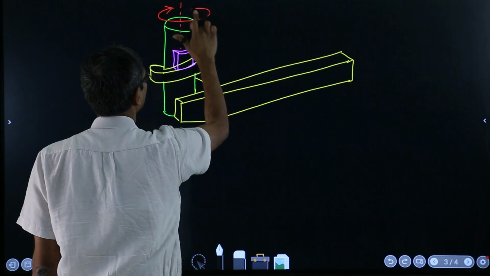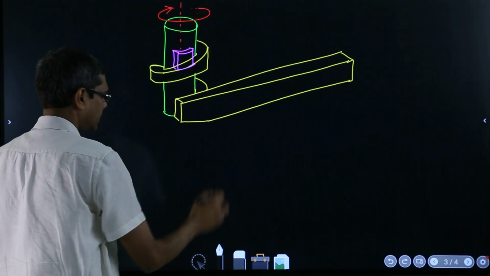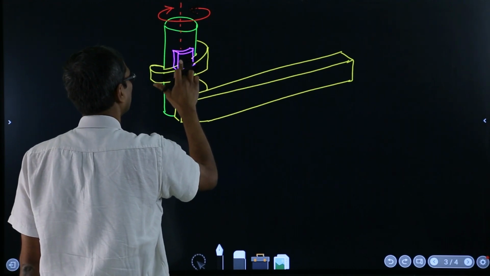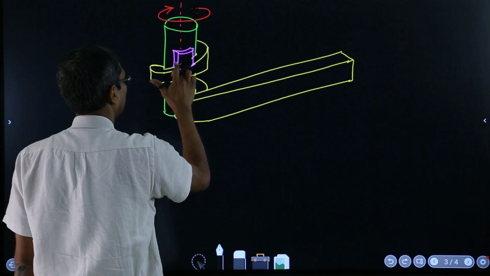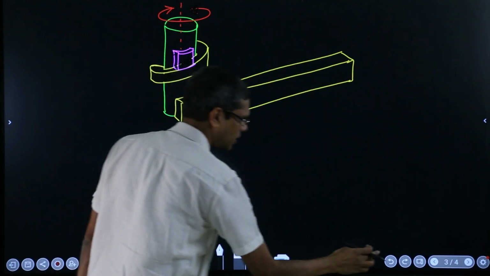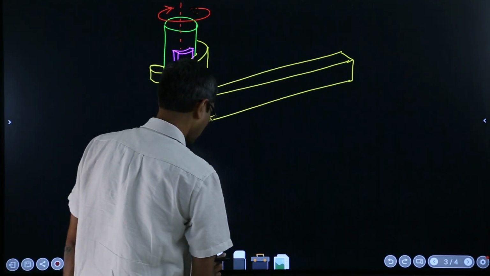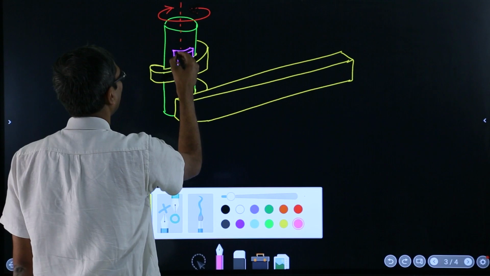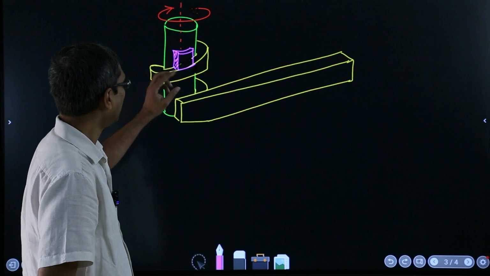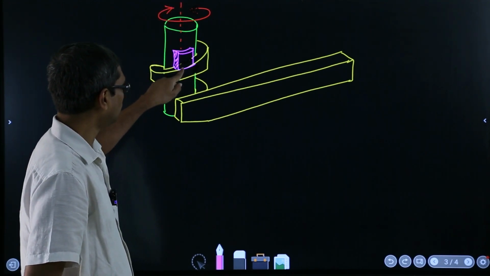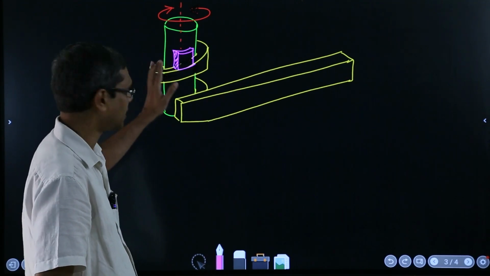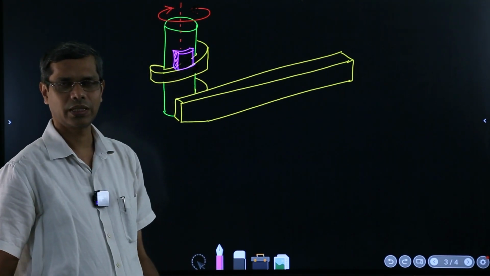Just try to imagine what will happen. I have kept some stopper on this side, and on this side some frictionless surfaces so that it will not slide, and then I rotate this block. Don't you think this part will come as if I'm pushing from that side, and this purple part will lift off?